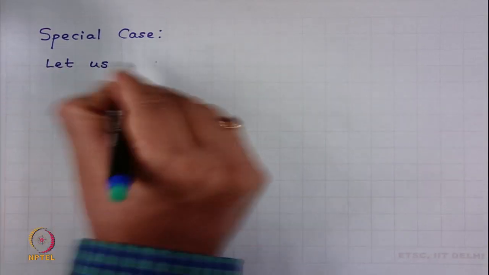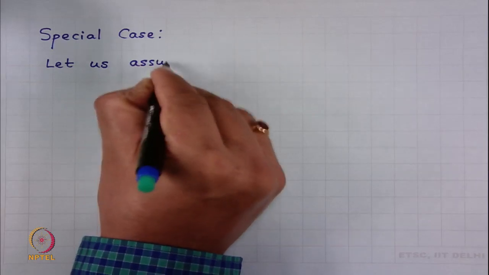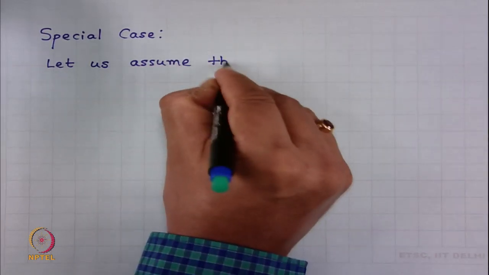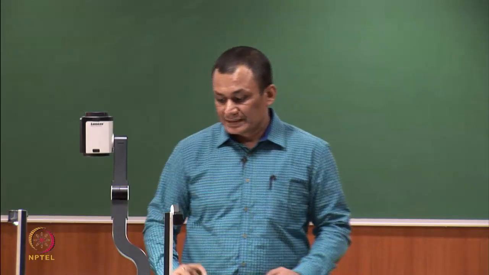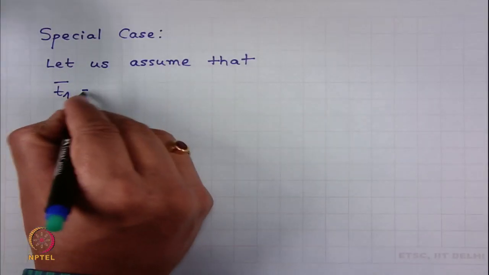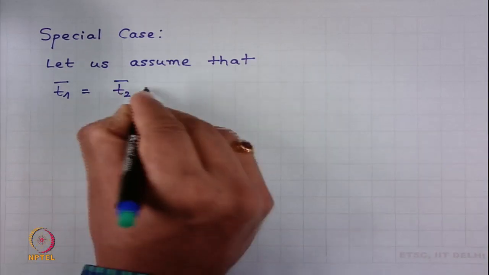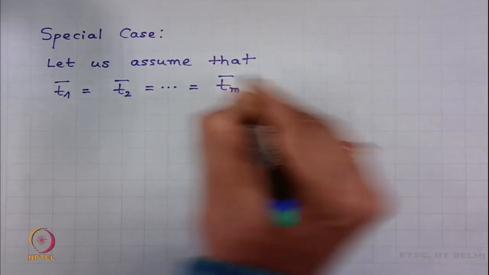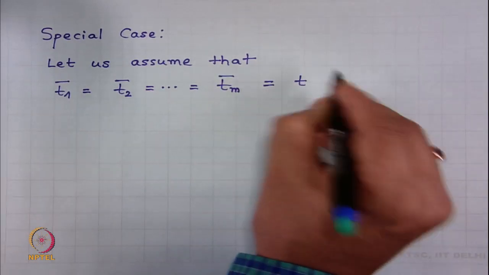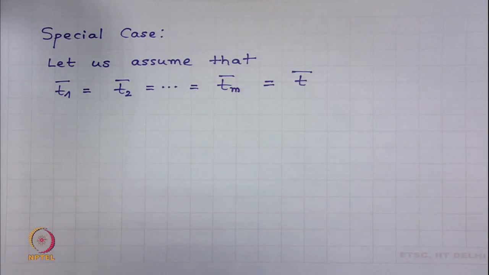Let us assume that all fibers are same, that means T 1 bar is equal to T 2 bar is equal to T bar.